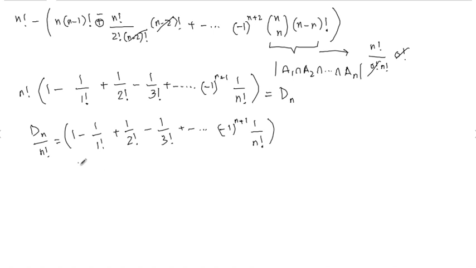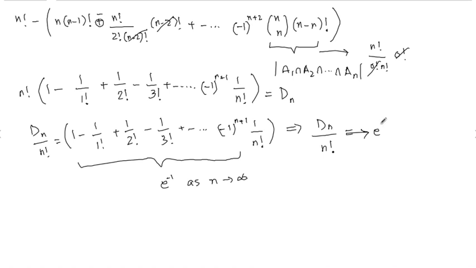So now this is what? e to the minus 1 as n grows very large, right? And you can see that actually it approaches e to the minus 1 extremely quickly. After 4 or 5 terms, it approaches e to the minus 1. So this is an interesting result, that the number of derangements divided by the total number of permutations approaches e to the minus 1 as n approaches infinity, as n grows.